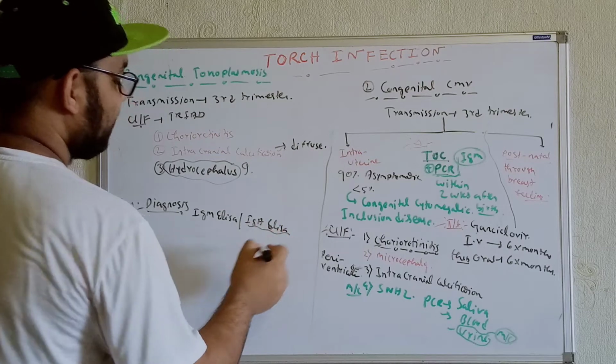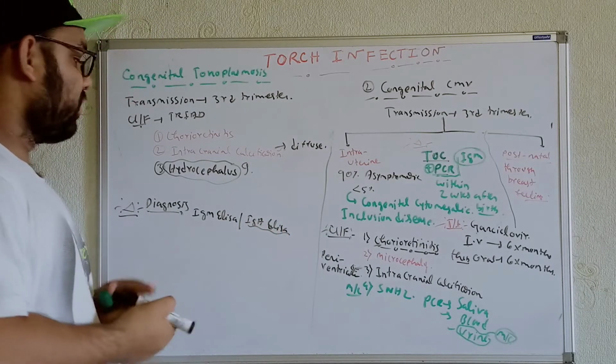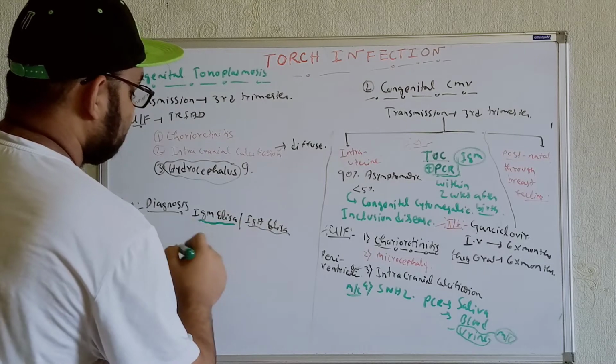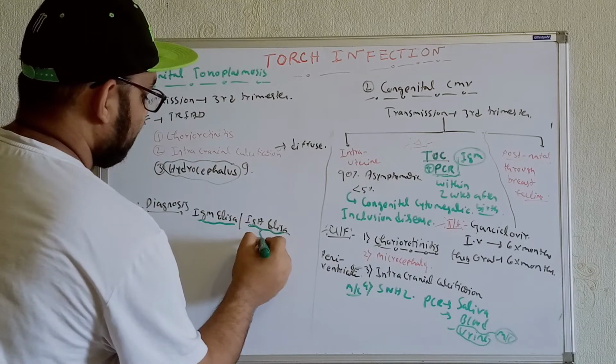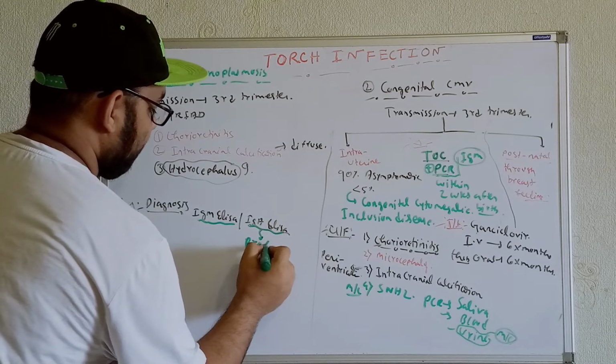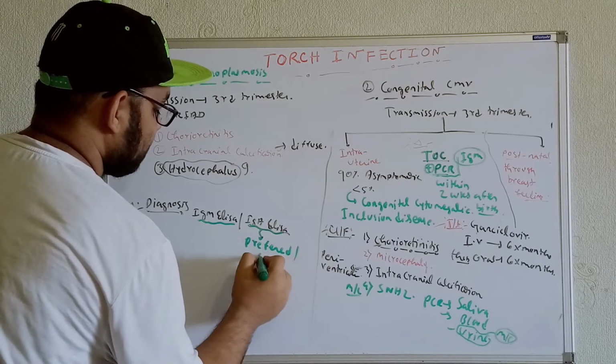The IgA ELISA is the most sensitive and the preferred one compared to the IgM ELISA. So IgA ELISA will be preferred because it's sensitive.